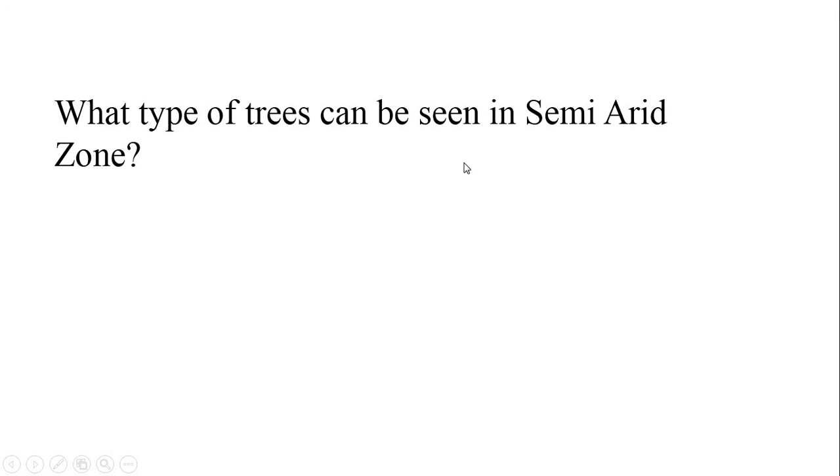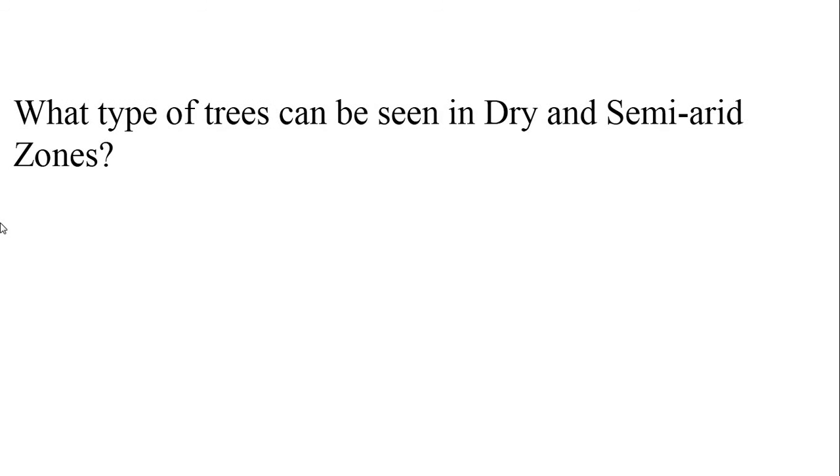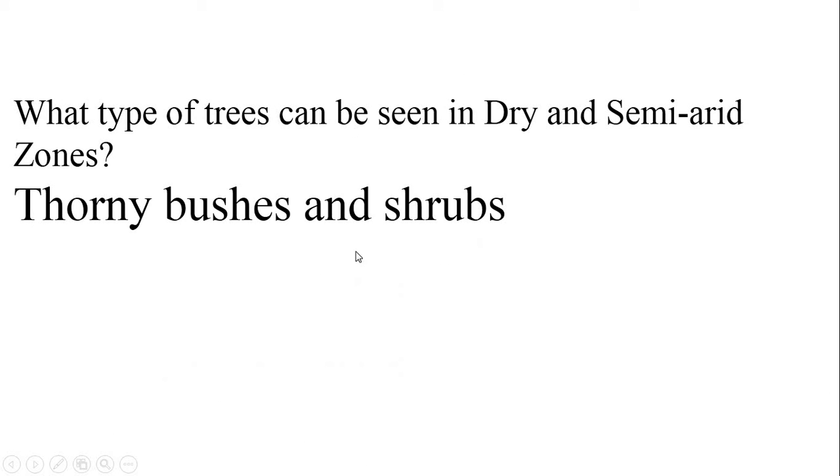What type of trees can be seen in the semi-arid zone? This can be a question for you, right? So you will be tested in your exam. What type of trees? Thorny bushes and shrubs.